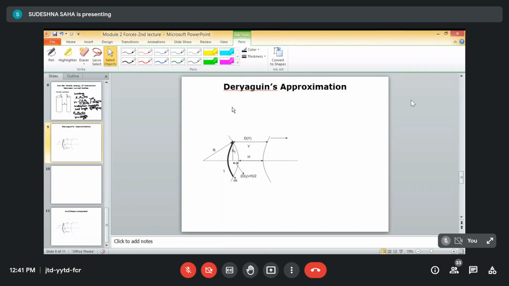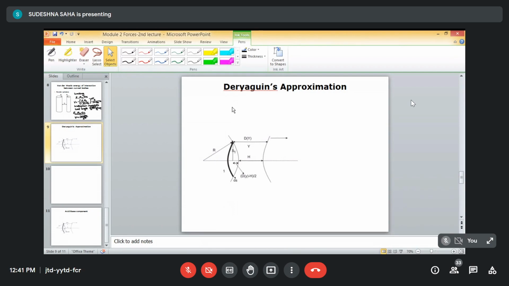So next we will proceed towards the Derjaguin approximation. Derjaguin is the name of a scientist who identified that in colloidal particles, the interactions become significant when the particles are very close together.